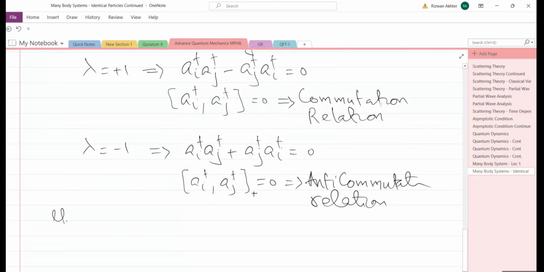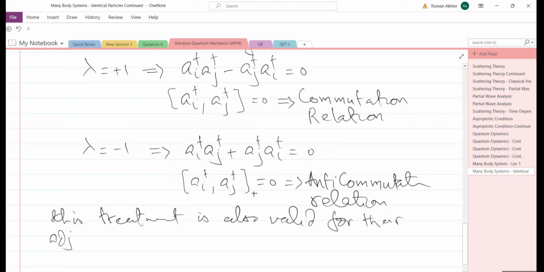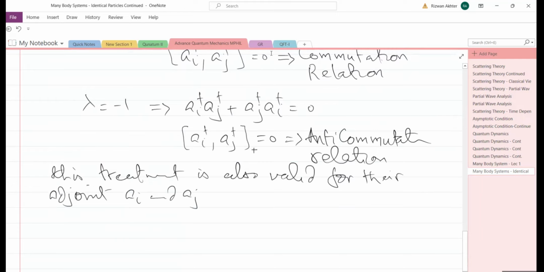So this treatment is also valid for their adjoint, यानी for AI and AJ. सो इसका मतलब हो गया कि हमारे पास दो रिलेशंस आ गई और from your previous classes that lambda is equals to plus 1 corresponds to bosons and lambda is equals to minus 1 corresponds to fermions.